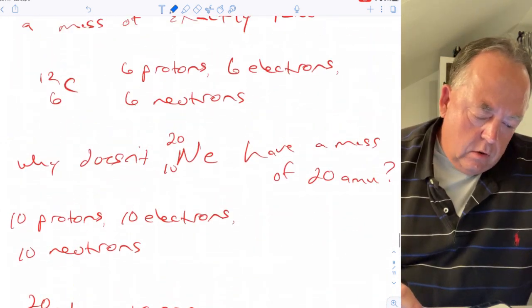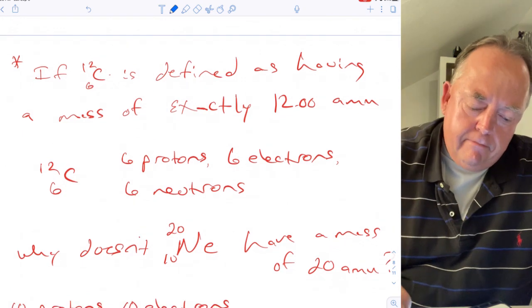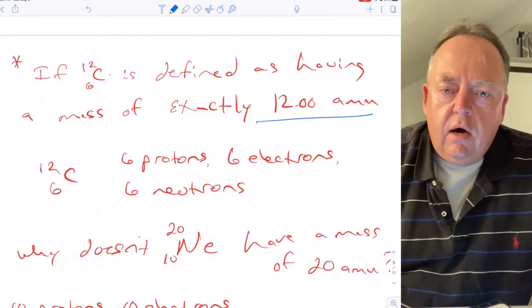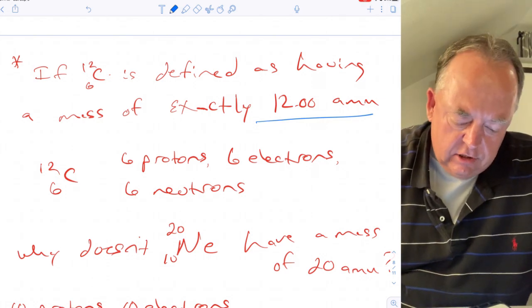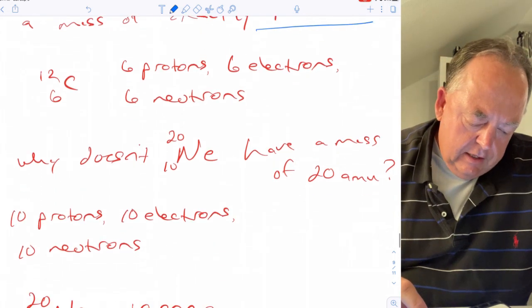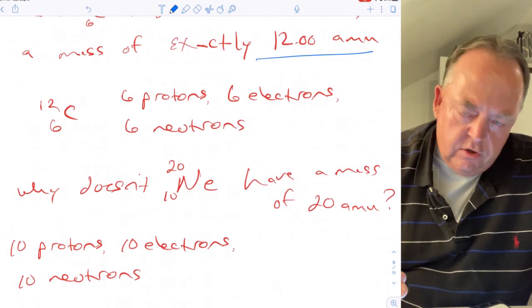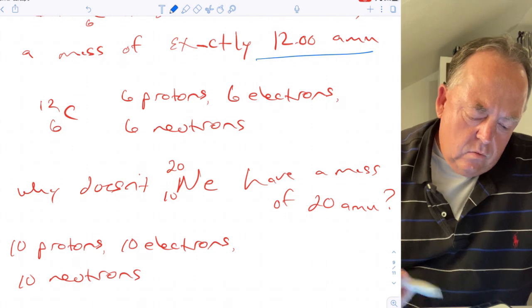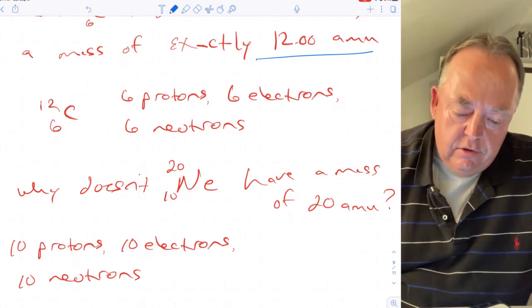Okay, so carbon-12 is defined as having a mass of exactly 12 atomic mass units. So carbon-12 has 6 protons, 6 electrons, 6 neutrons. So if carbon-12 has a mass of exactly 12 atomic mass units, why doesn't neon-20 have a mass of exactly 20 atomic mass units, right?